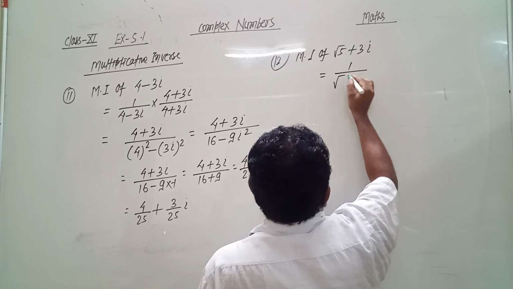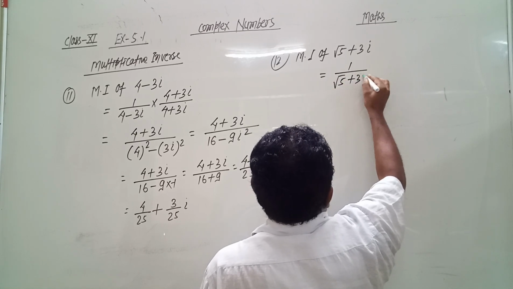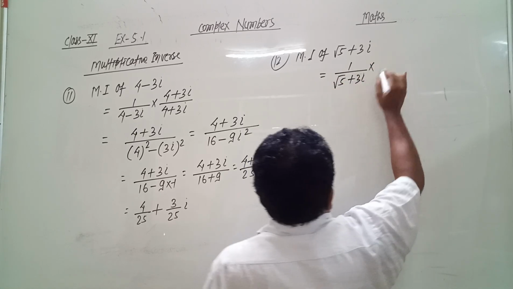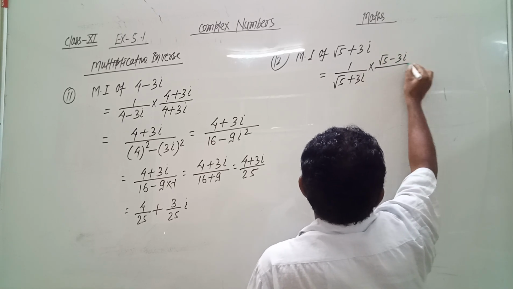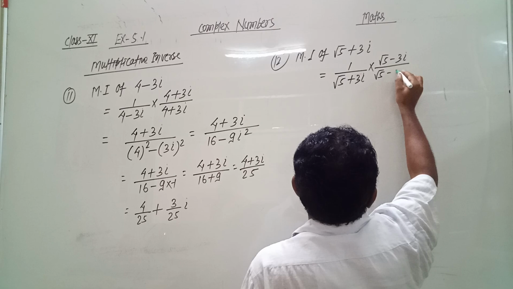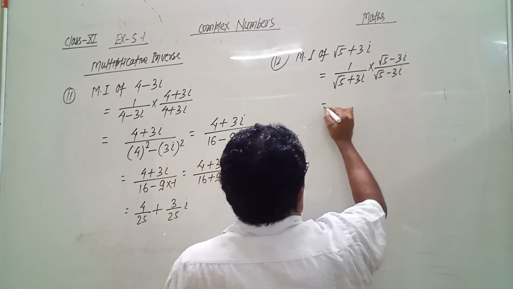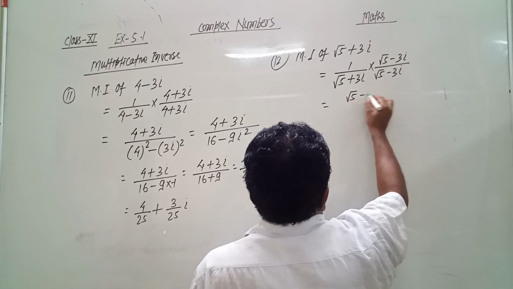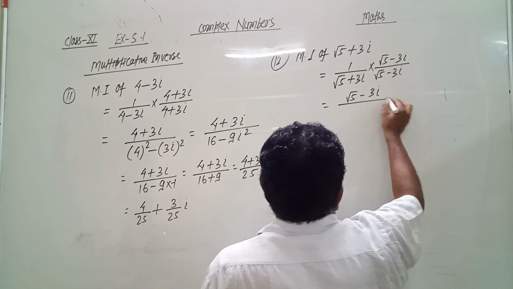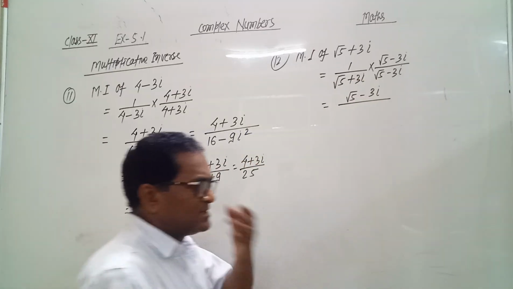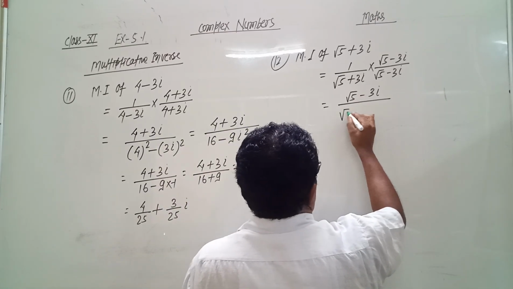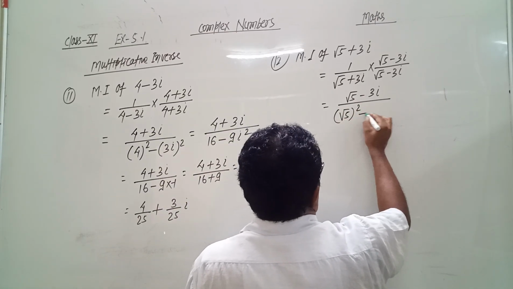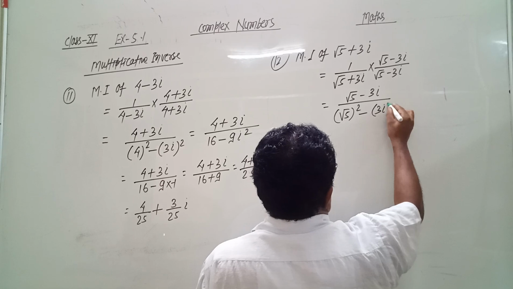So 1 by root 5 plus 3 iota, and then rationalize. So root 5 minus 3 iota upon root 5 minus 3 iota. This will be expanded in the form a plus b and a minus b, so it gives a square minus b square.